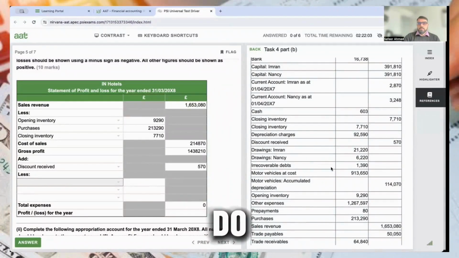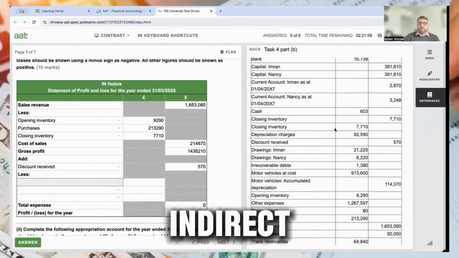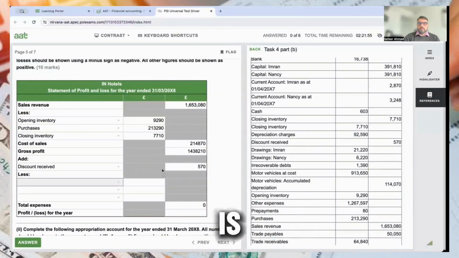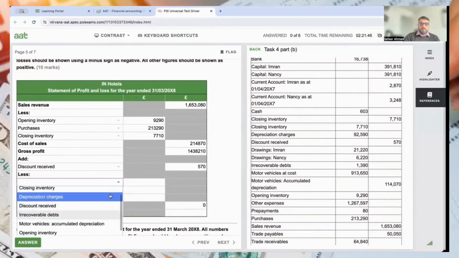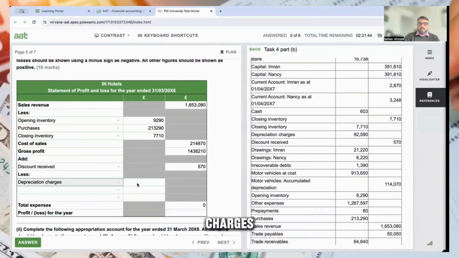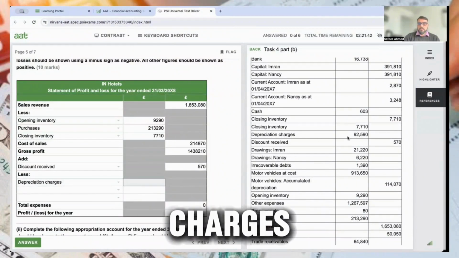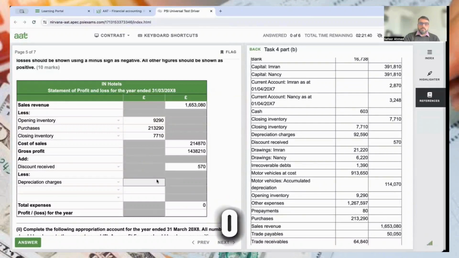So what we need to do is identify indirect expenses. In other words, one of them I can clearly see is the depreciation. Depreciation charges are 92,590.